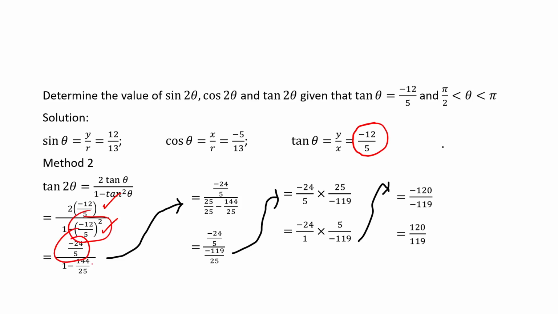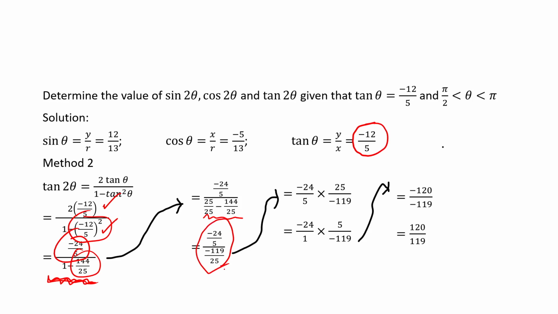Negative 12 over 5 quantity squared is 144 over 25. So now what we have in the denominator is a situation that calls for a common denominator. So 1 is 25 over 25. And ultimately we get negative 24 over 5 over negative 119 over 25.